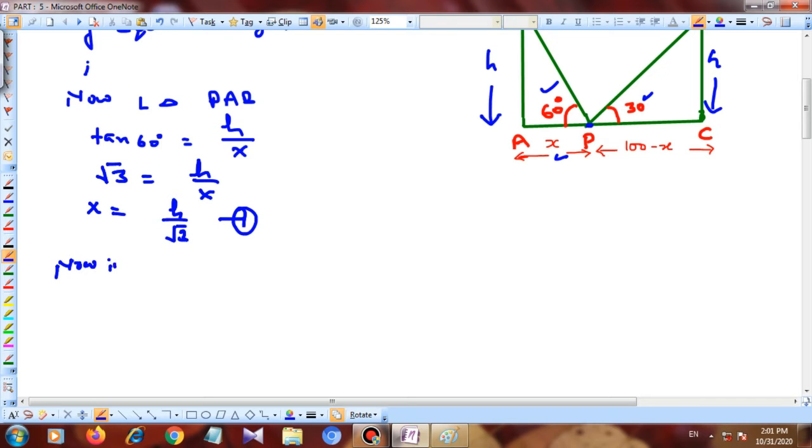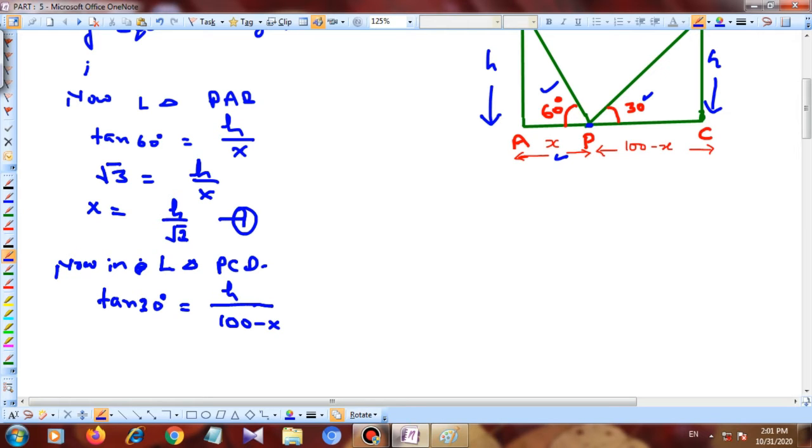And now in right angle triangle PCD, here tan 30 equals h upon 100 minus x.